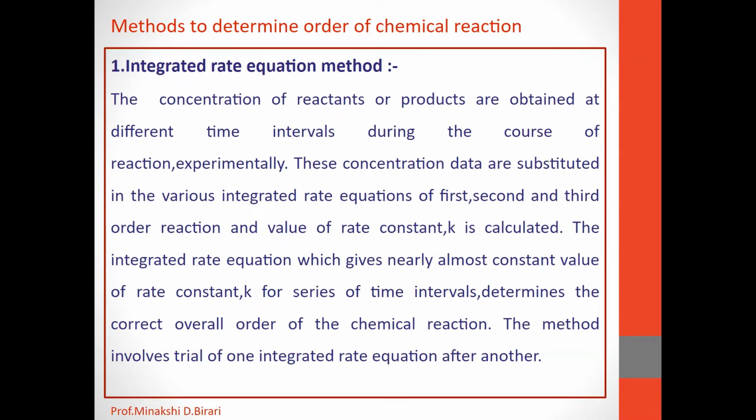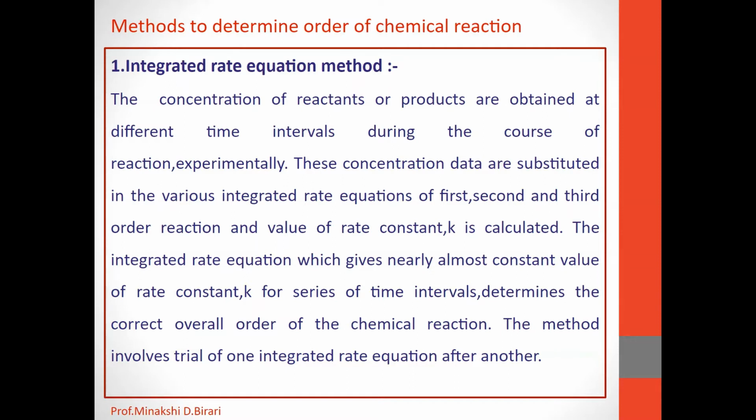The concentrations of reactants or products are obtained at different time intervals during the course of the reaction experimentally. These concentration data are substituted in the various integrated rate equations of first, second and third order reactions, and the value of the rate constant, that is K, can be calculated.